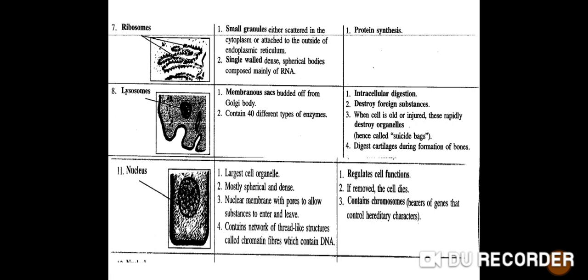Now, once the message for the protein synthesis comes from the nucleus in the form of messenger RNA, the transfer RNA present in the cytoplasm picks the required amino acids from the cytoplasm, joins them together, and takes them to the ribosomes for their protein formation.